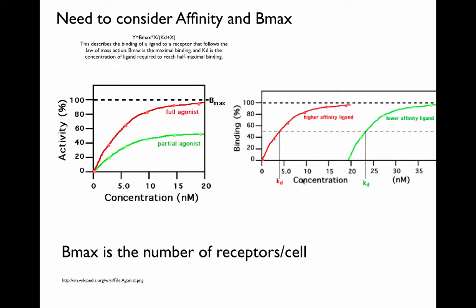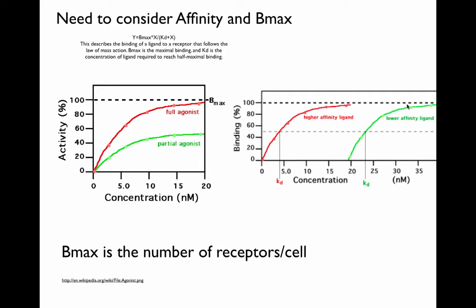And here's examples where you can have different Bmaxes, or you can have different EC50s or KDs in this case, where they have the same Bmax, or the same number of receptors, which it has to be.